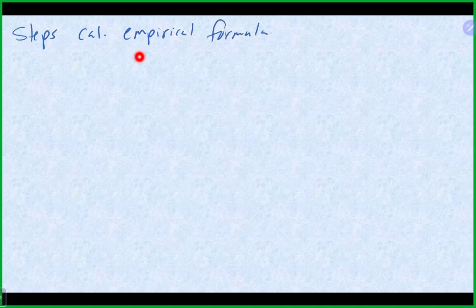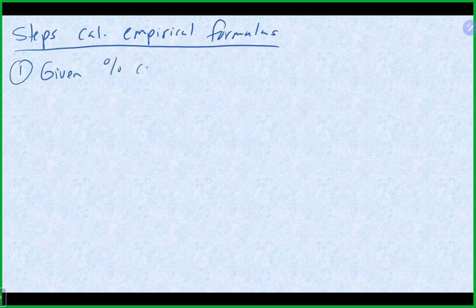In a lot of problems, you will be given the percent composition by mass, like we just did.